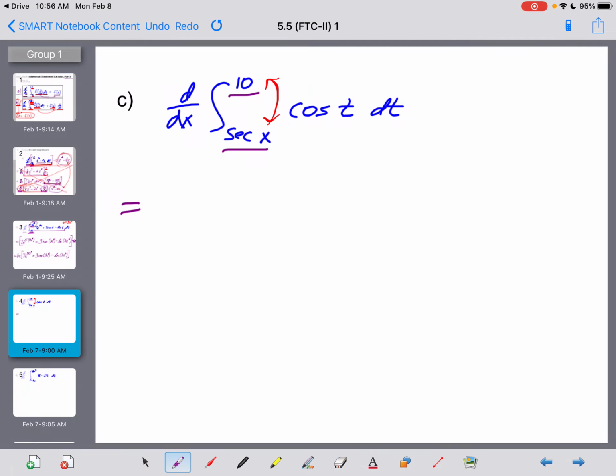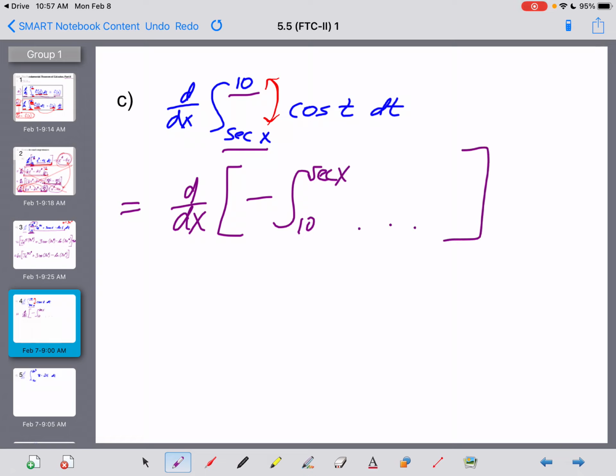But what's going on here, everybody, is that the d dx, we've not been ready to even think about yet, remains. But now you're differentiating the opposite of the integral from 10 to the secant of x and so on and so forth. Now, at this point, everything I've written is correct, but now we would remember that that negative out in front of the integral is really a -1.